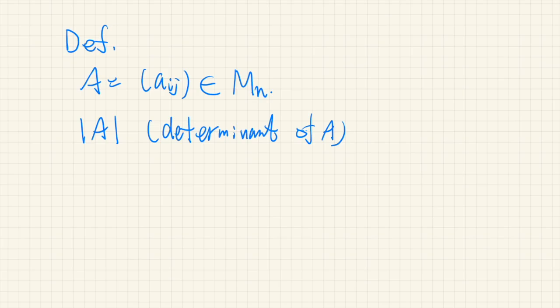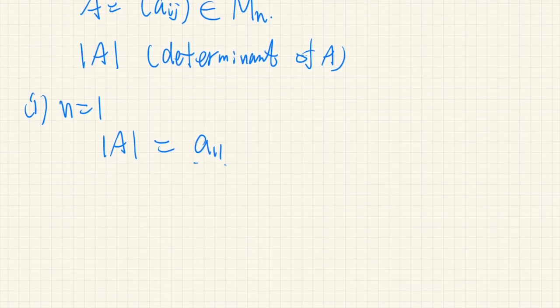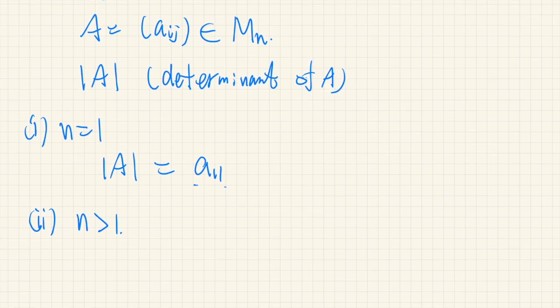If n is equal to 1, then the determinant is just a11, its sole element. And if n is greater than 1, then the determinant is given by the following recursive formula.